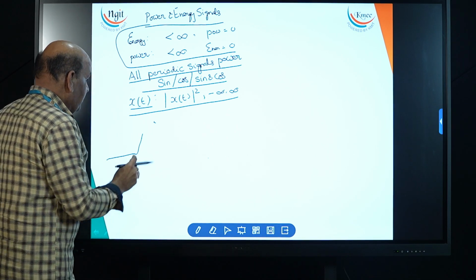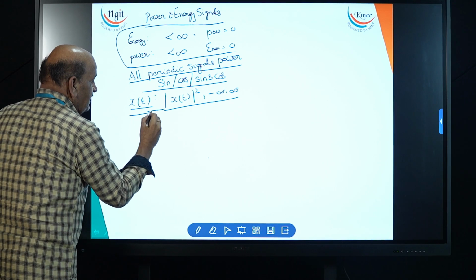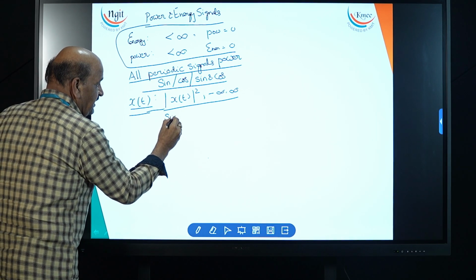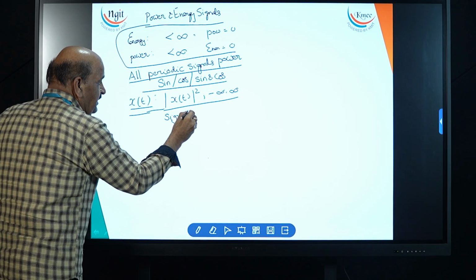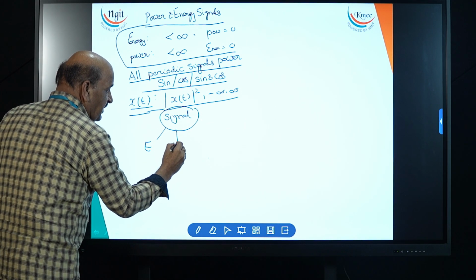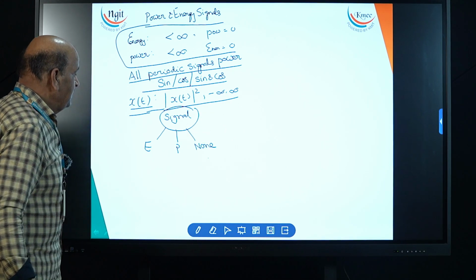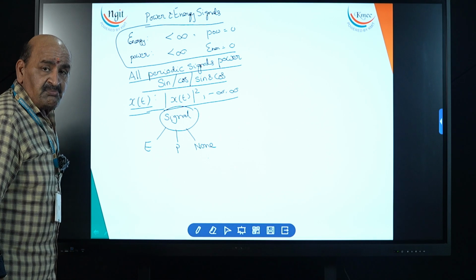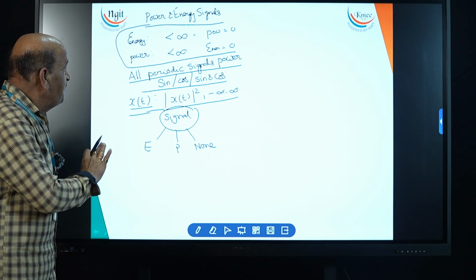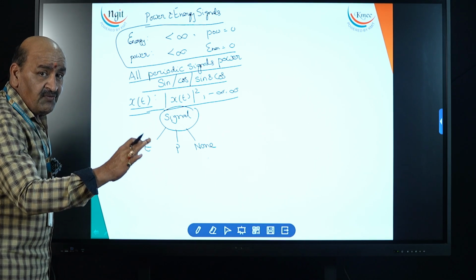One more point: a signal can be an energy signal, a power signal, or none. These points are very important before entering into the problem solving session.